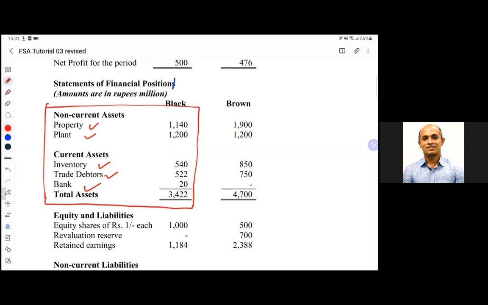Now we are going to apply our learning to a practical situation. What we studied was analysis of assets, current assets and non-current assets. So with that analysis, you are going to see whether these asset balances are at suitable values to start the analysis.